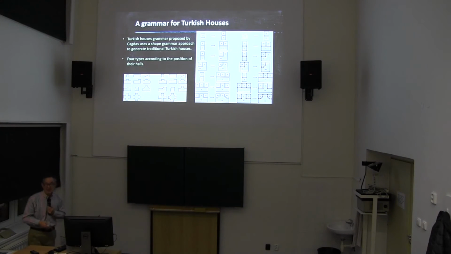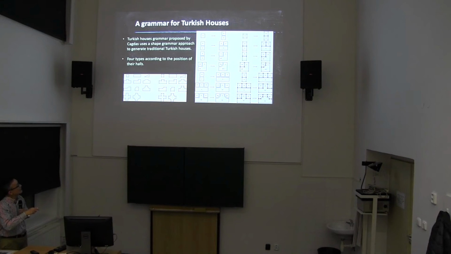So this is our initial attempt to actually validate the Turkish houses. This was actually designed by, I don't know how to pronounce properly, and he had this paper, proposed the Turkish houses, with various features, and basically four types according to the position of the halls, and then all sorts of types.